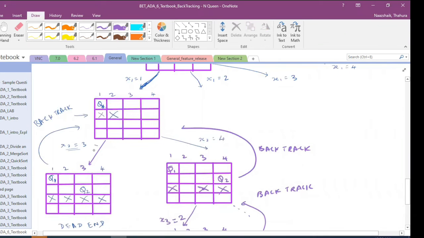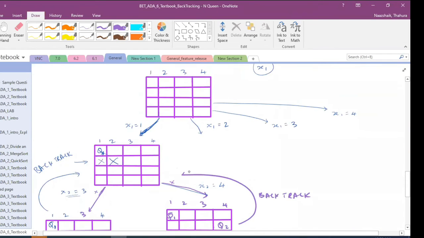This also didn't work. Did we have any third option here? We had only these two options, right? So this is also wrong. This option also led to a dead end for me, so I have to backtrack and go to the parent.